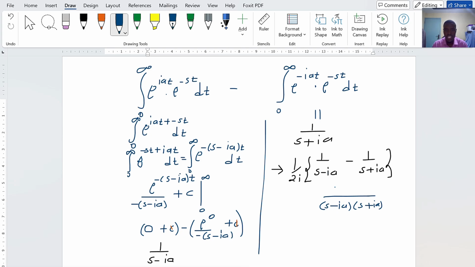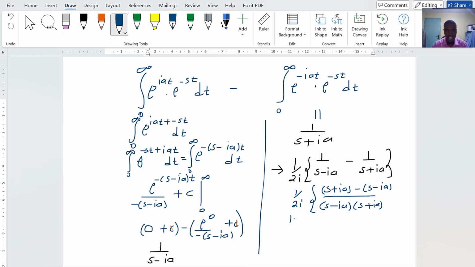Now the negative goes here, the positive one. So s plus ia, then minus. The positive goes here, the negative one, so it is s minus ia. Remember, the whole thing is multiplied by 1 over 2i.